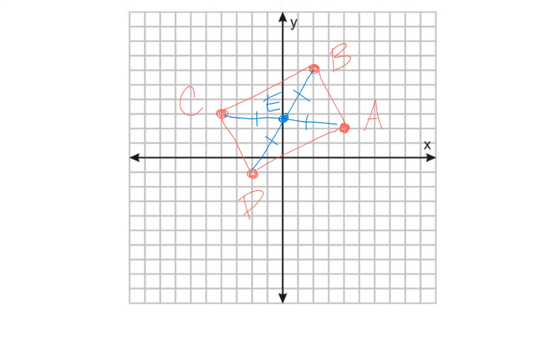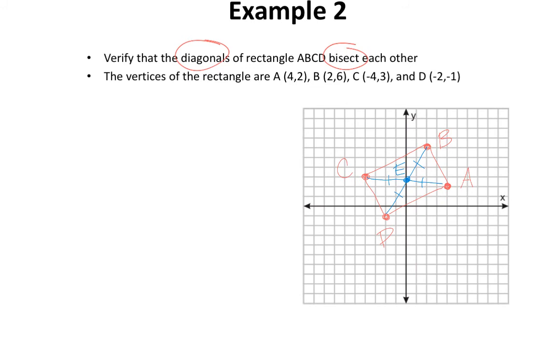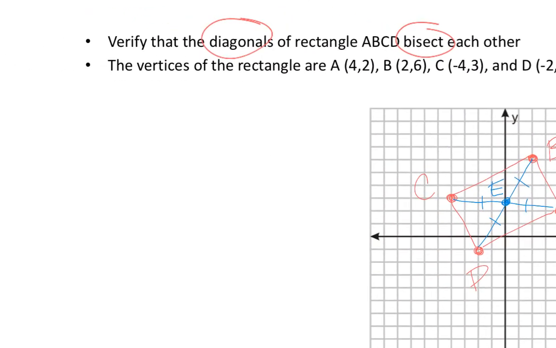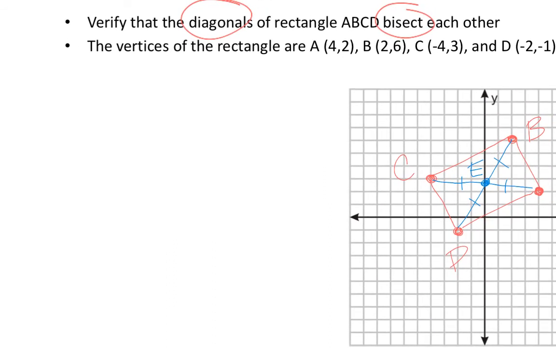As I've said multiple times, there are different ways different students can approach this question. I'm going to show you how I would approach this, but you can do something completely different. So the very first step is to find the point of intersection in the middle of this rectangle. And I'm going to use a midpoint equation.